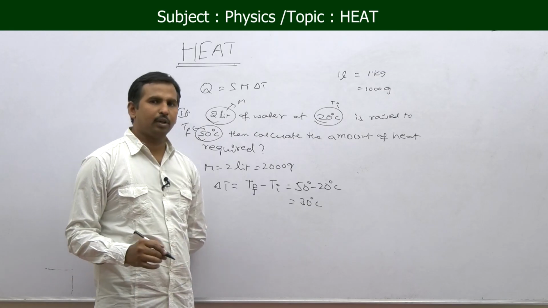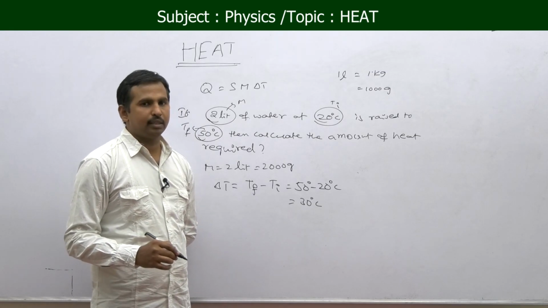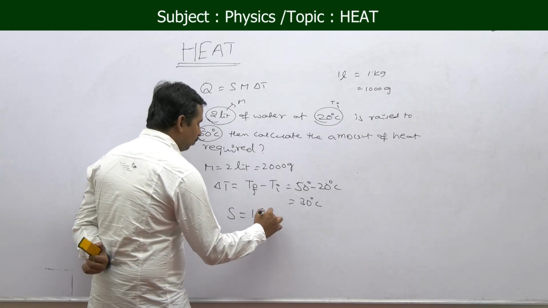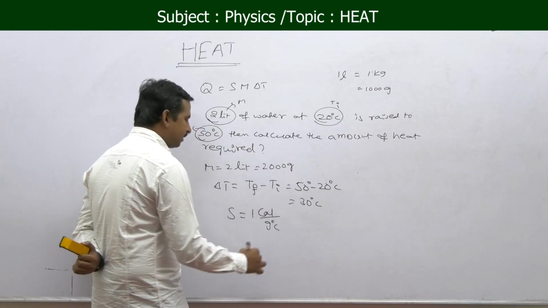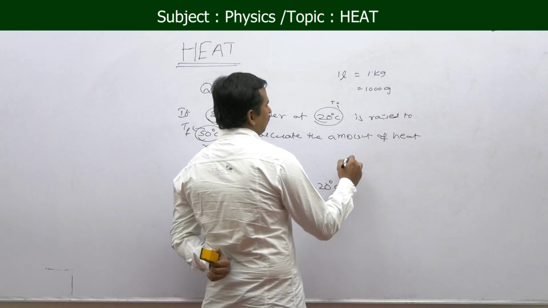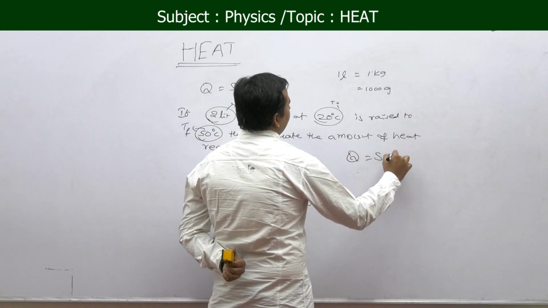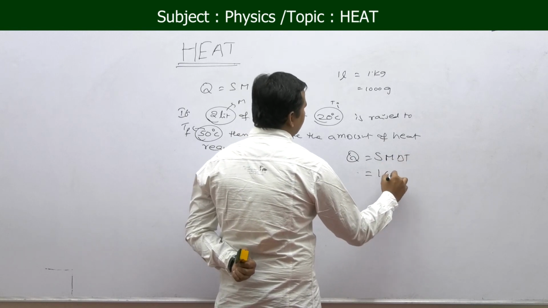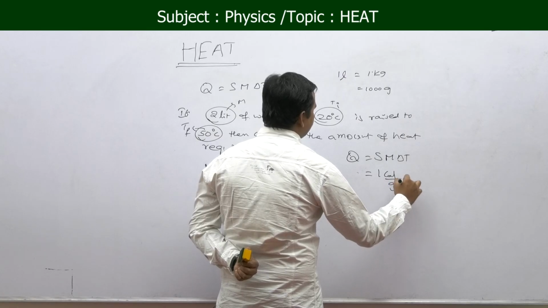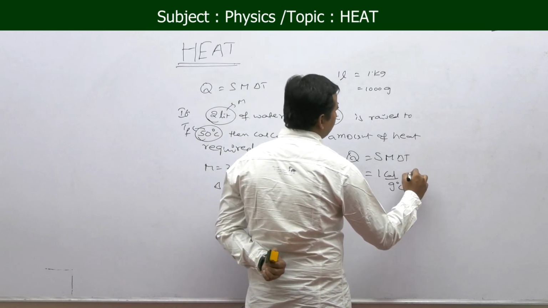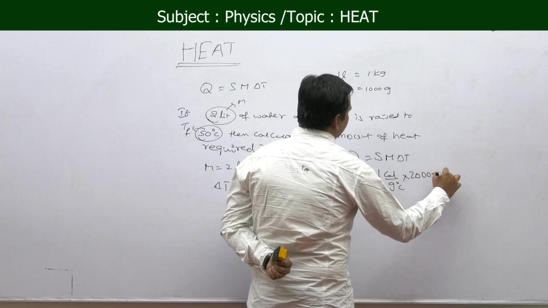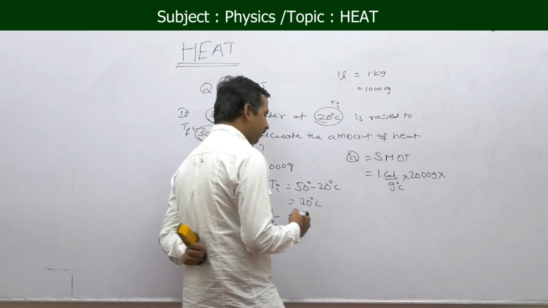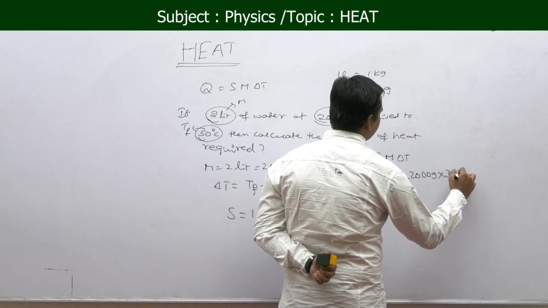Now we have the change of temperature, which is equal to 30 degrees Celsius. We already know that S is equal to 1 calorie per gram degree Celsius. Then Q is equal to S m delta T. S is 1 calorie per gram degree Celsius, m is given as 2000 grams, and the change of temperature from 20 to 50 is an increase of 30 degrees Celsius.